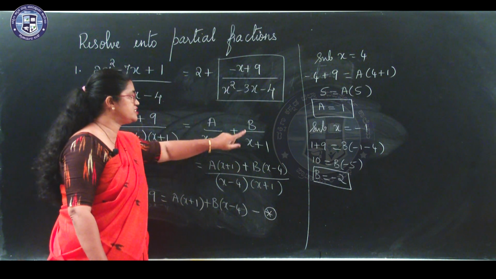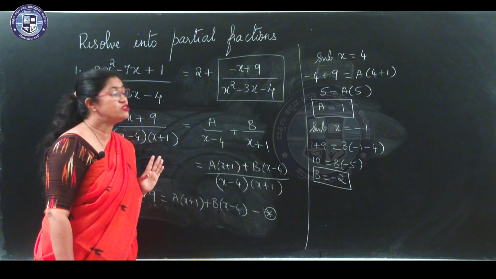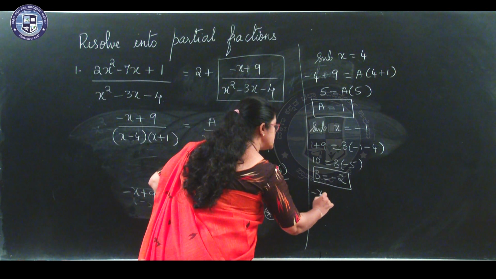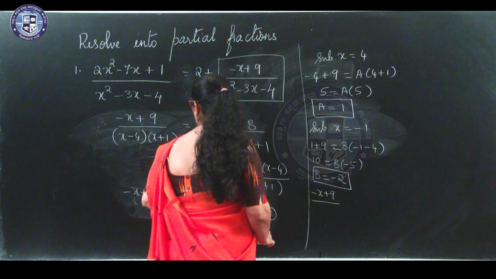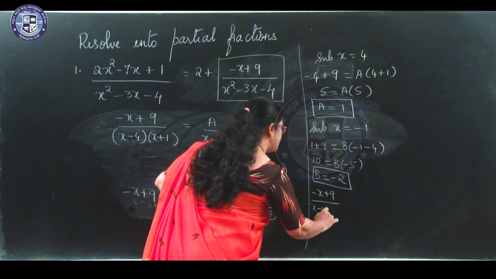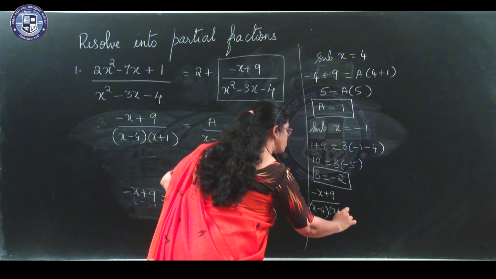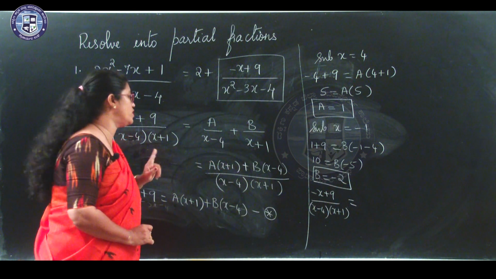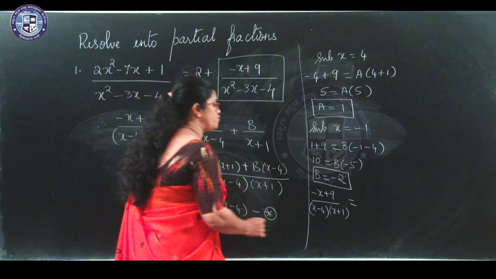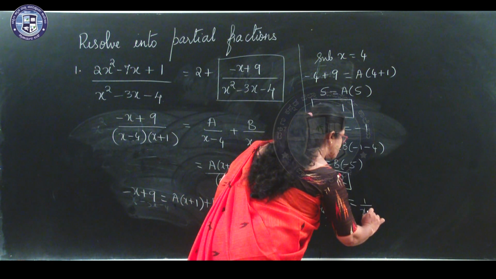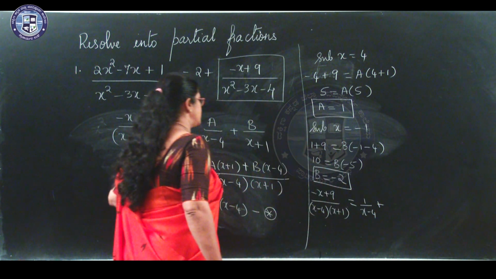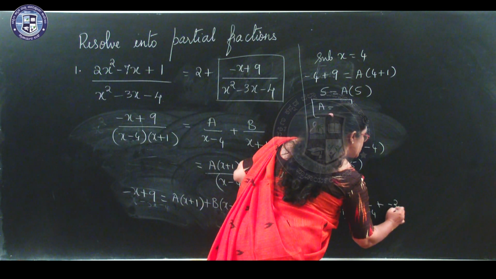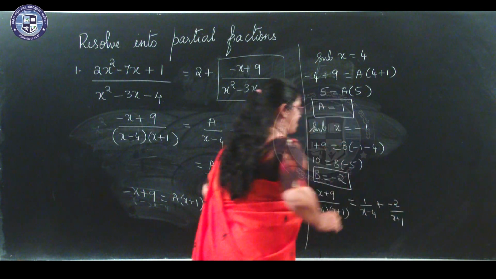This fraction in turn is equal to so much. So please note this students. I will just write it step by step. Minus x plus 9 by x minus 4 into x plus 1 is equal to a by x minus 4, so 1 by x minus 4 plus b, what is the b value? Minus 2. Minus 2 by x plus 1.